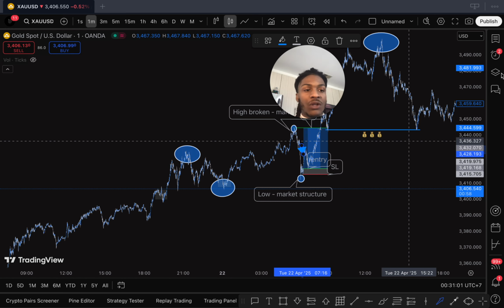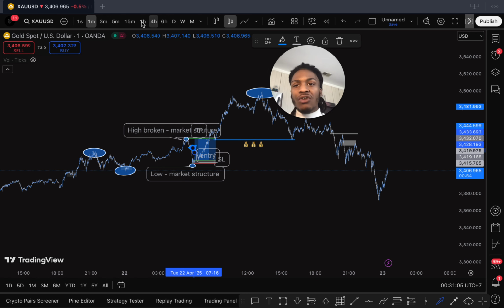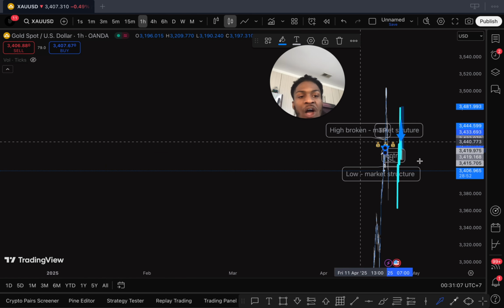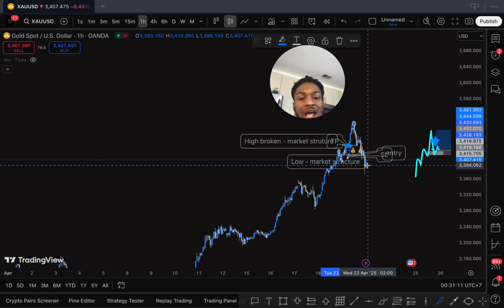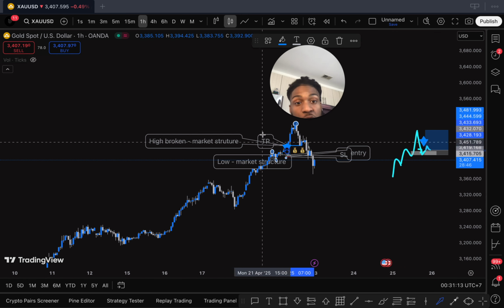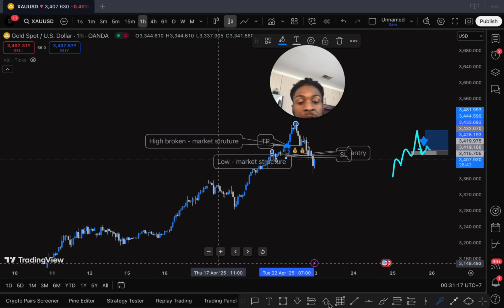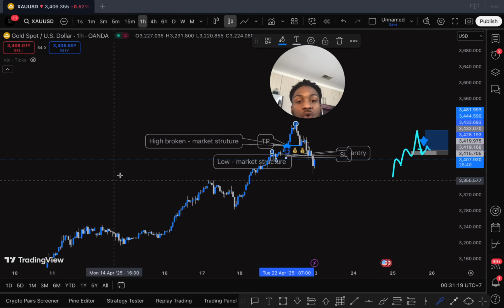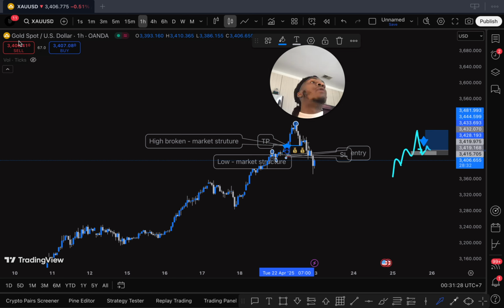When you're trading gold, I know a lot of people say trading gold is hard. The one thing that was hard for me trading gold was I always started on the 1 hour time frame. I thought gold was tradable on the 1 hour really quickly. I thought gold moves quickly on the 1 hour, but the thing is, gold's slow. So the 1 hour on gold is basically like the 4 hour time frame on other currency pairs.